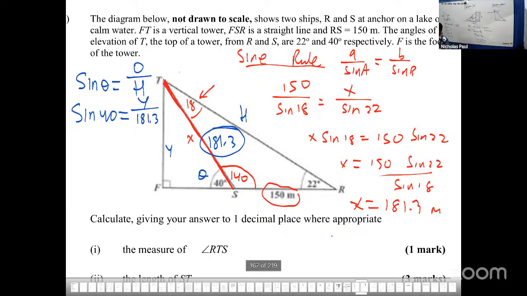181.3. What do we do again? Two fractions with an equal sign. What do we do? Cross multiply. So y is 181.3 sine 40.